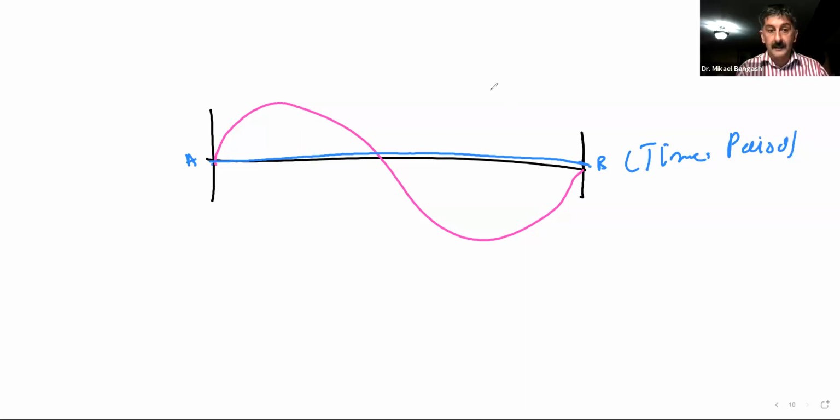And when we talked about wavelength, I said if you still measure from A to B, but you measure this in terms of length or distance, then that's going to be the wavelength of the wave. The second or third word in the definition of period is time.